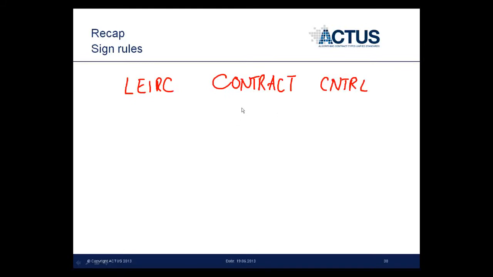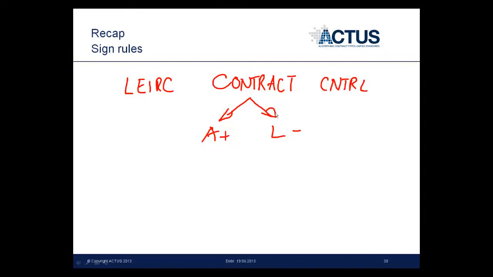This drives whether the contract is an asset or a liability, which, by convention, we call plus, and we call that minus.